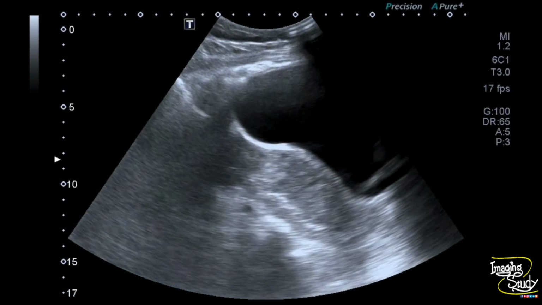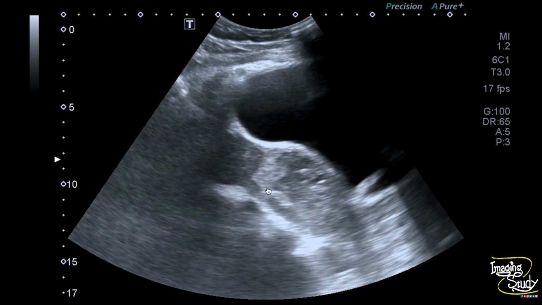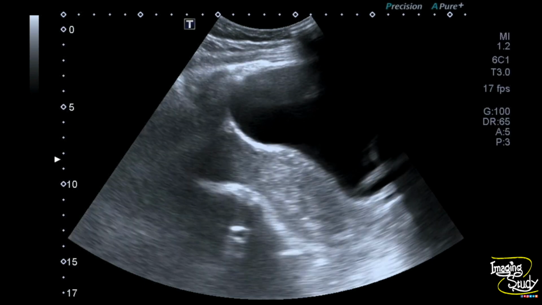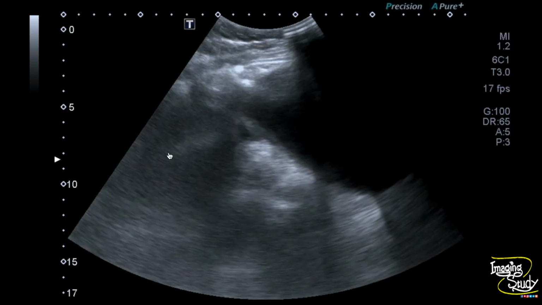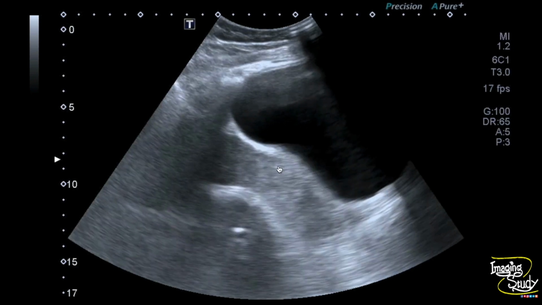You can see an irregular collection adjacent to the fundal region. This hypoechoic collection is continuous with the uterine myometrium. You can see a breach of the perimetrium.